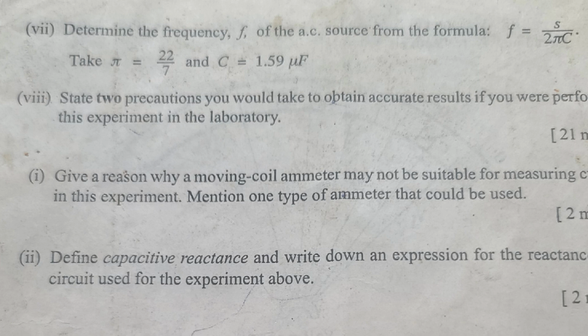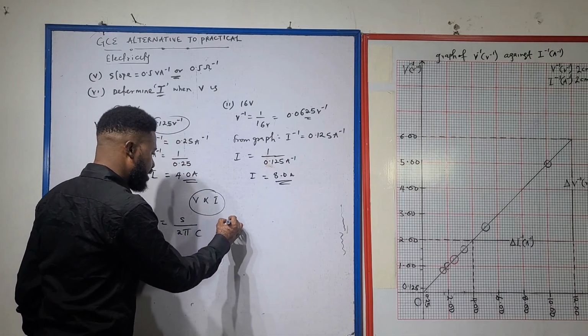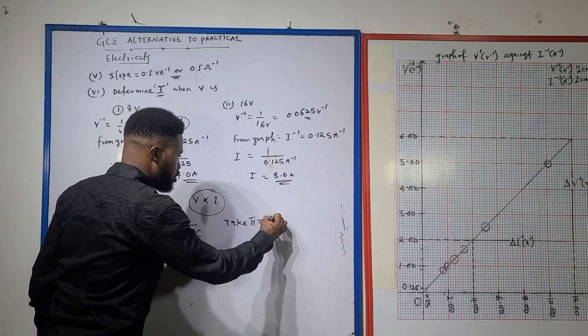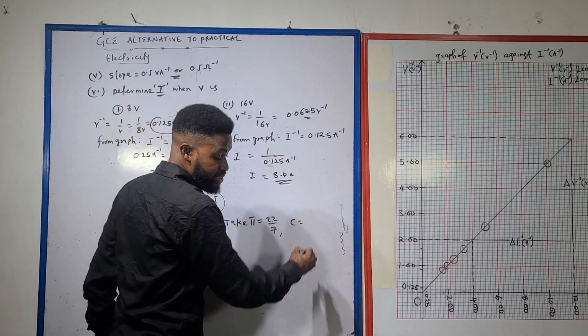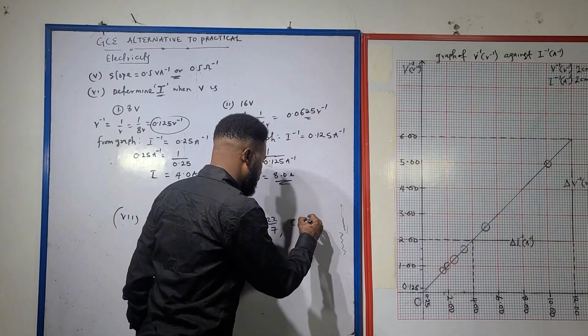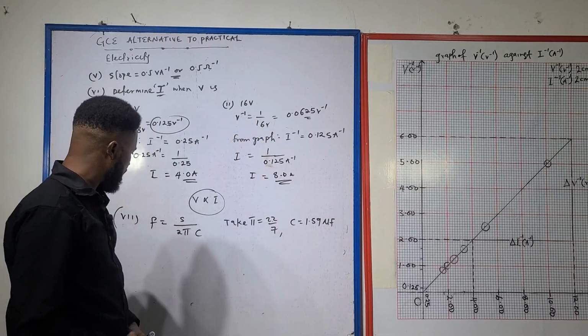Question 7 states, as you can see on your screen, determine the frequency F of the AC source, the alternating current, from the formula F equals X divided by 2 pi C. We're told to take pi as 22/7, and we're told to take the capacitor as 1.59 microfarad. Of course, take note of the unit there.